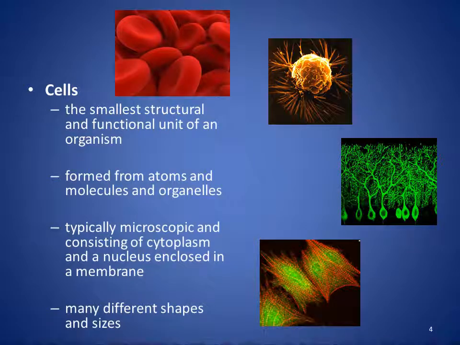The cell, of course, is the smallest structural and functional unit of a living organism. It is formed from atoms and molecules as well as organelles. They are typically microscopic and consist of cytoplasm and a nucleus enclosed in a membrane, and they come in many different shapes and sizes, such as red blood cells, abnormal cells, such as adenocarcinoma cells of the breast, nerve cells, and the nerve cells pictured here are Purkinje fibers in the cerebellum.